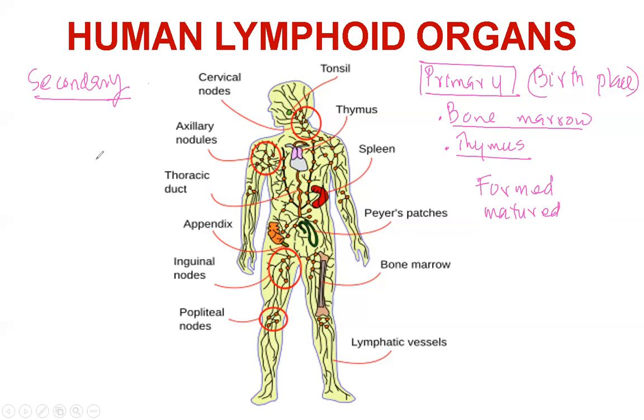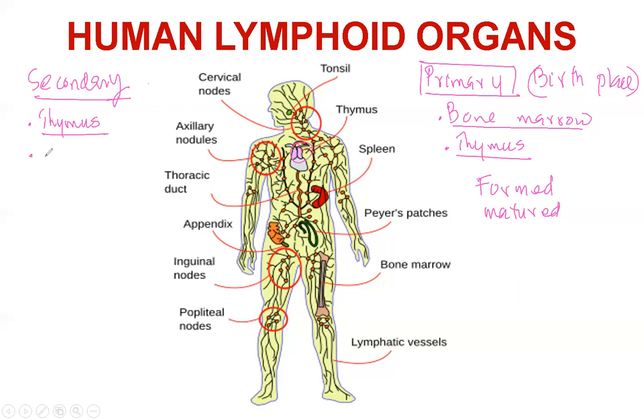For example, what are the secondary lymphoid organs? One is called thymus. Where do you find the thymus? You find it just above the heart, on the chest. We studied the thymus gland in the endocrine system. The thymus gland is like a military school where the lymphocytes are trained to identify the antigens.